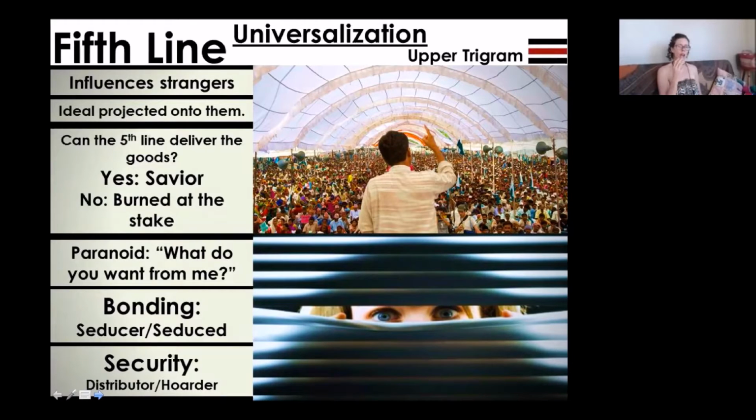That's something as a 5 that you really need to protect, because your reputation is so important. When it gets tarnished, it can be really difficult for a 5 to recover from that. So you don't want to enter into the wrong situation where you are expected to deliver the goods and you can't. So that's one thing about it that's cool.